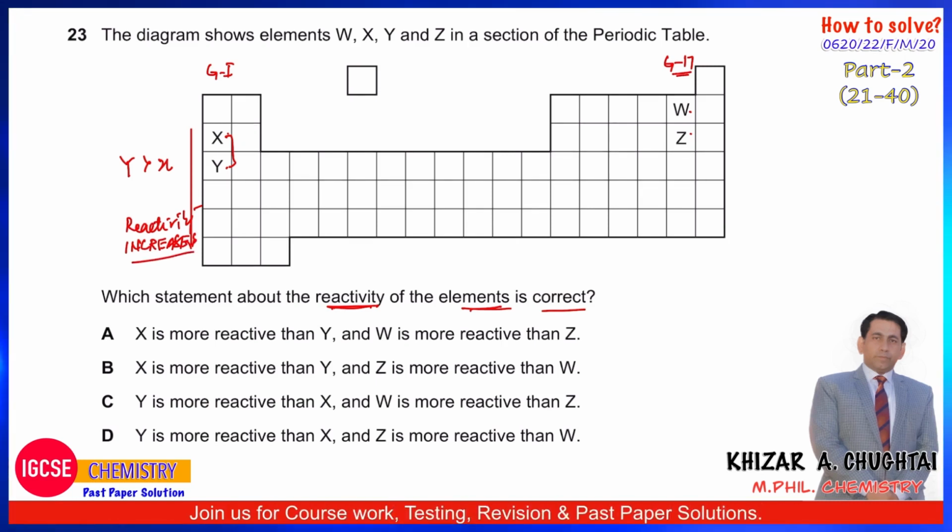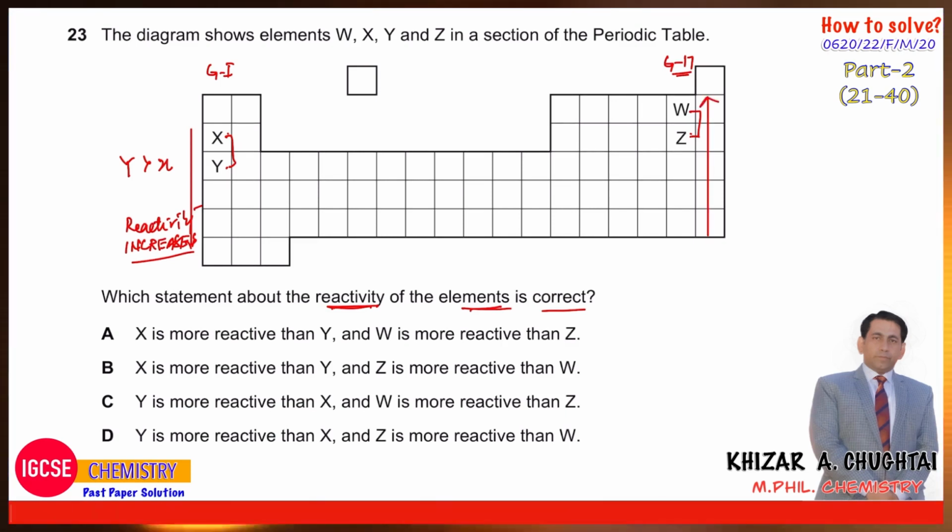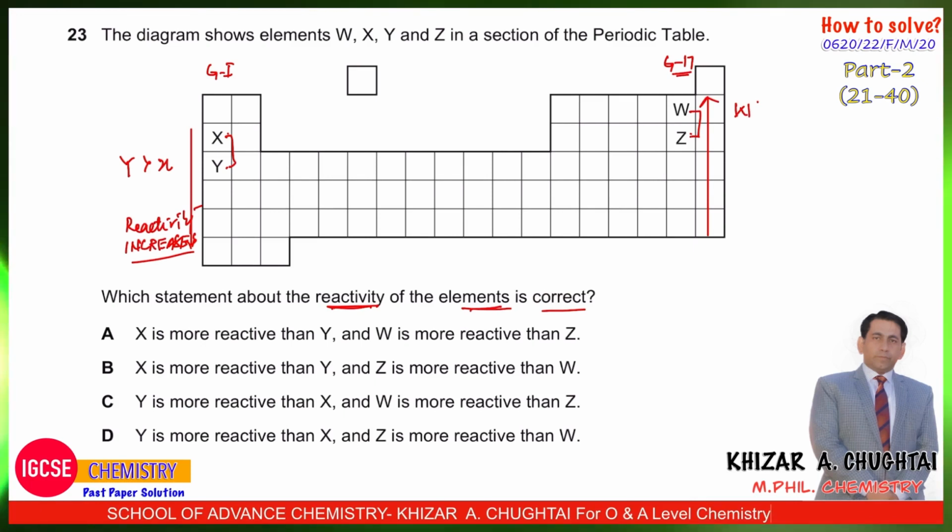So Y is more reactive than X. Come towards W and Z. In non-metals, in group 7 elements, this trend is reversed. Reactivity increases upward, I mean the top element is more active. So W is more active than Z.